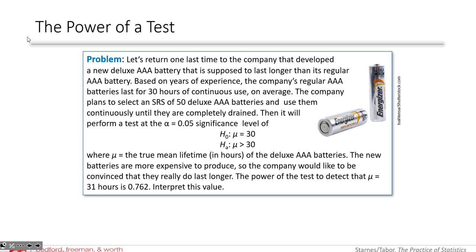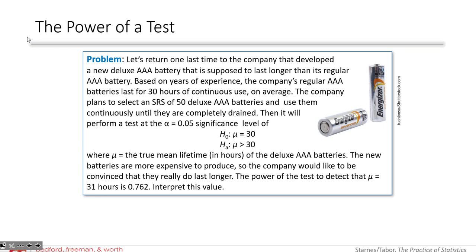So we're trying to find evidence to say that the actual population mean time that these batteries last is more than 30 hours. Okay. The new batteries are more expensive to produce, so the company would like to know that they really do last longer. They want to prove or find evidence, right, that HA is actually true.